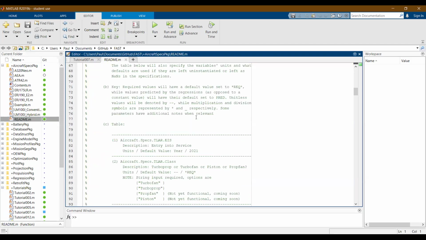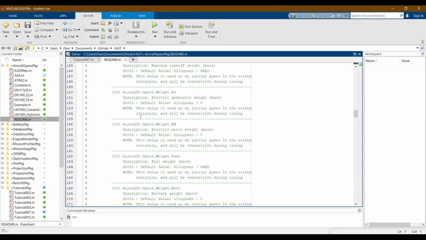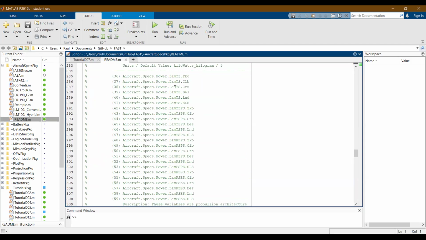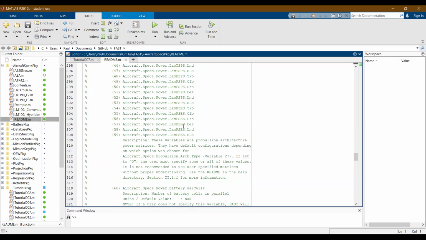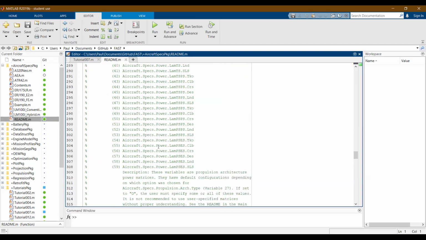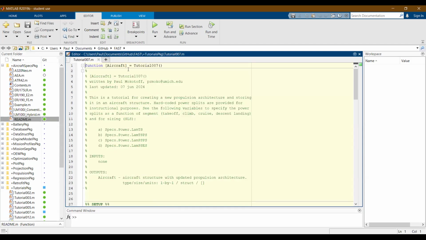If you scroll down to the table with all of the parameters in it, there is a large section on all of the different power splits that you can put in. All right, so just make sure to come down here if you need. But anyway, let's go back to our MATLAB function or script for this tutorial.